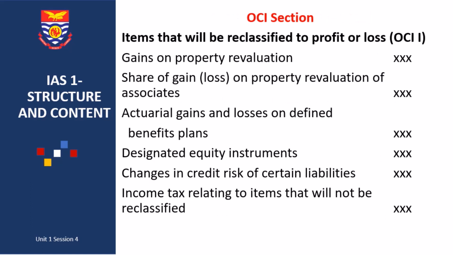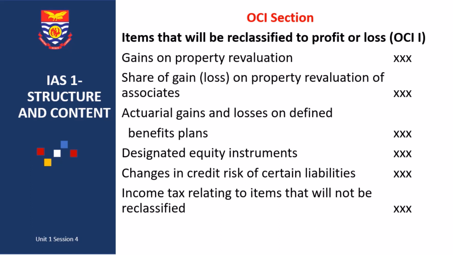Now when it comes to the other comprehensive income section, we have items that will be reclassified to profit or loss. So we have gains on property revaluation. In a situation where you have made sales, or you are able to sell the asset that you have revalued, you can reclassify this revaluation gain to profit or loss.